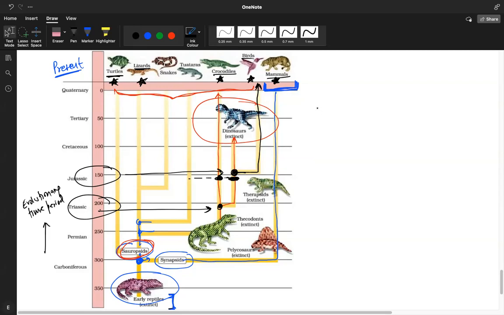Write it down: the closest living organisms to dinosaurs are birds. Make sense from this graph? Do you understand now how to read it?